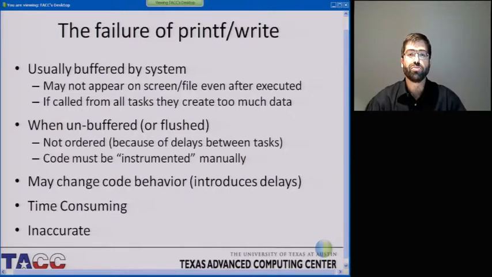In other words, using these techniques makes you inefficient, inaccurate, and it takes a very long time to do anything properly. This is why we want a parallel debugger, some tool that can take care of all these things for us.